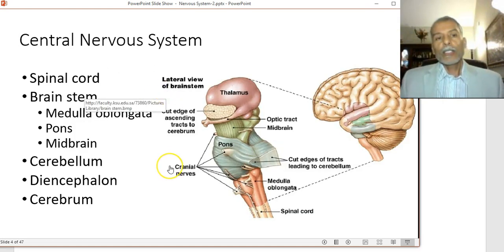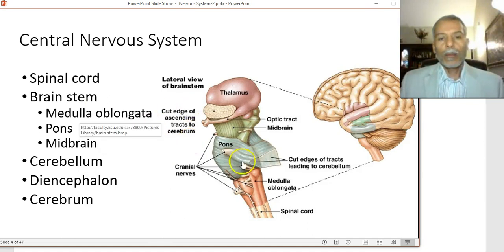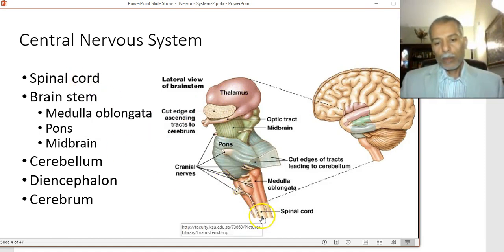So let's look at the central nervous system. Now we are going to look at the brain and the spinal cord. So we are going to take it from the bottom, from the spinal cord, and then we'll go up. So the spinal cord, these are the parts of the central nervous system.